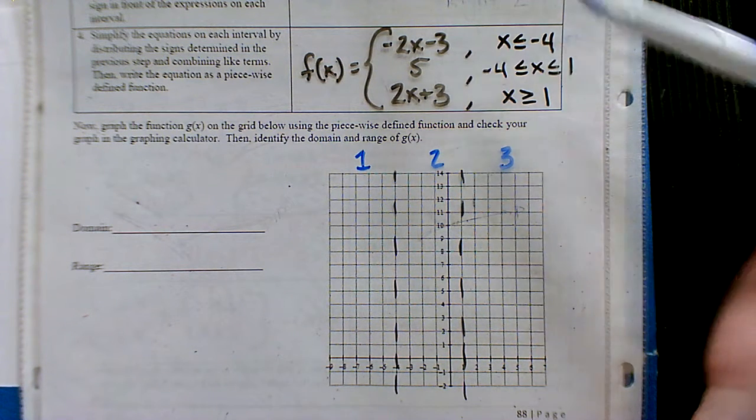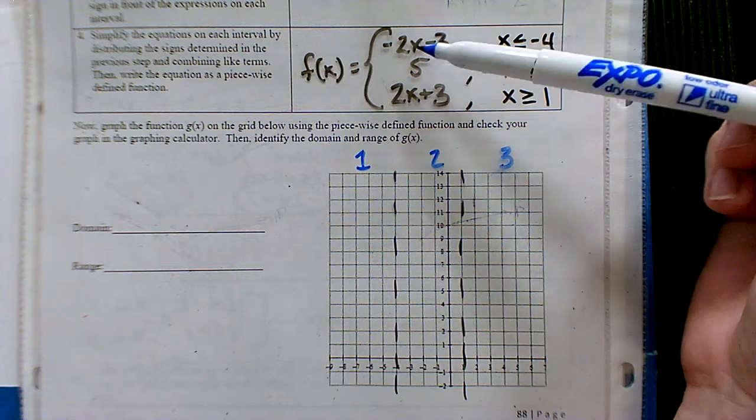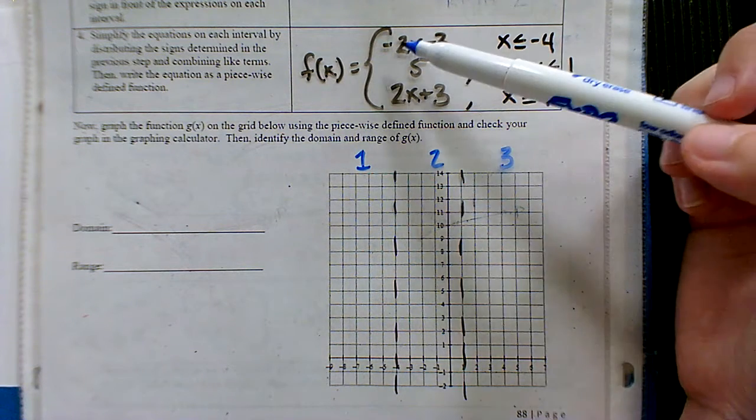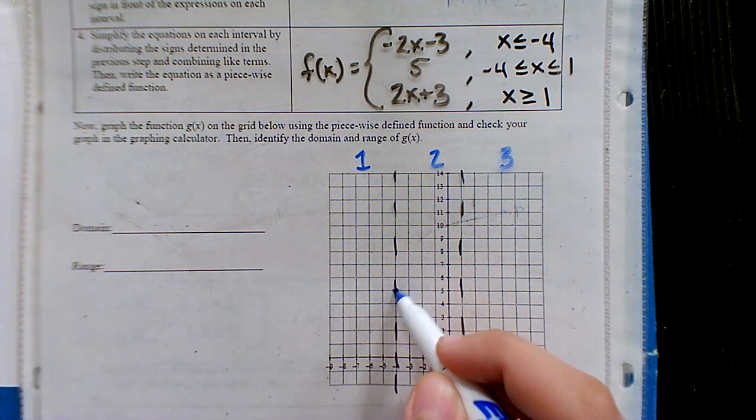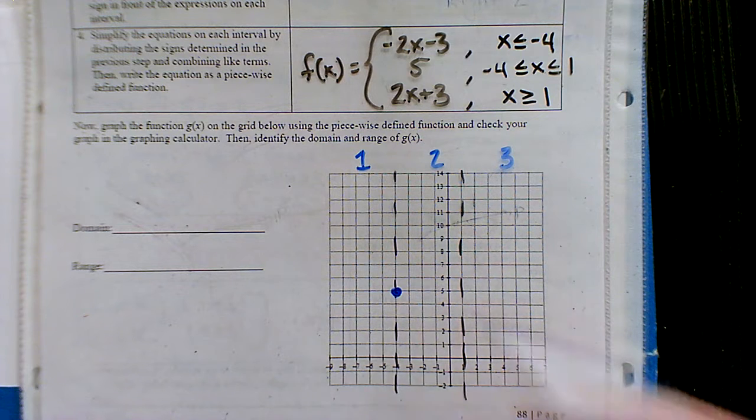If we look at the first equation, we can plug in negative 4 to kind of get a starting point. So negative 2 times negative 4 would give us positive 8, minus 3 would give us 5. So negative 4, 5, we'll have a closed circle.